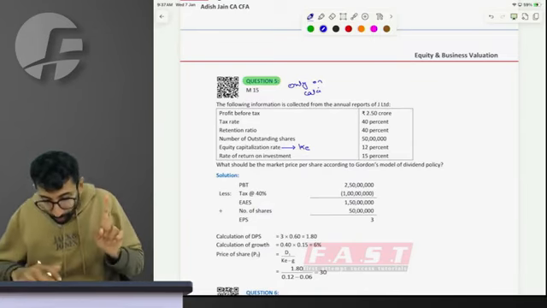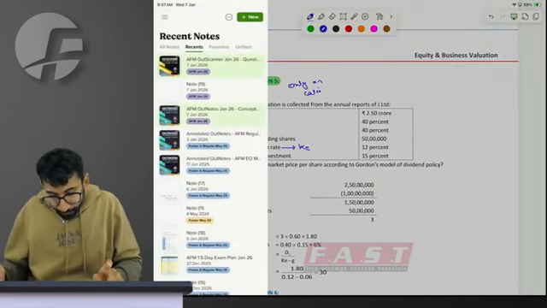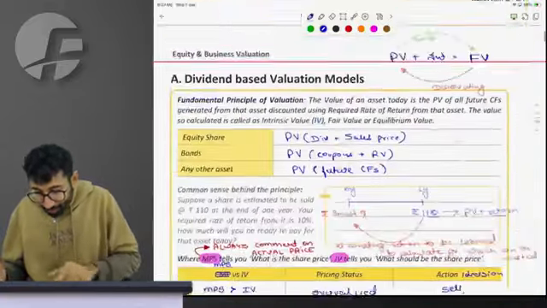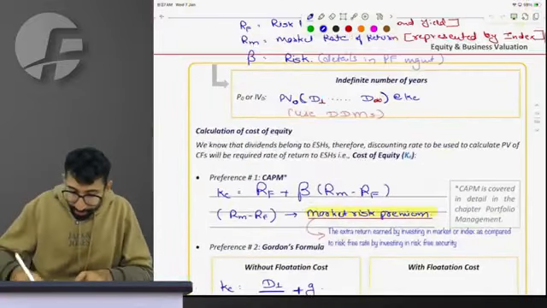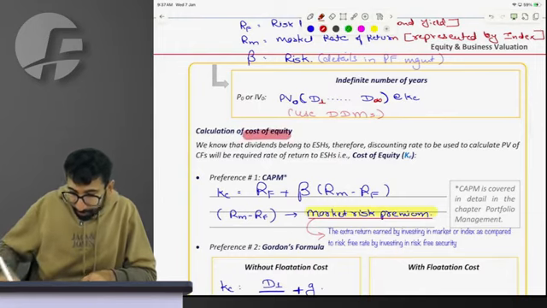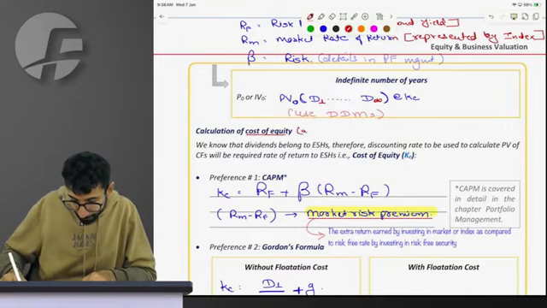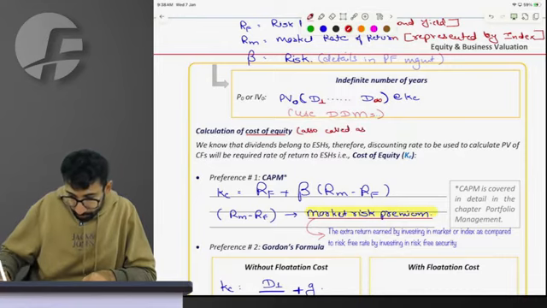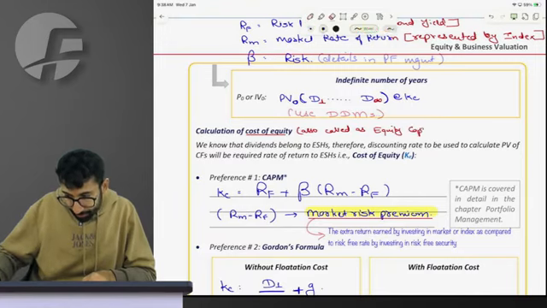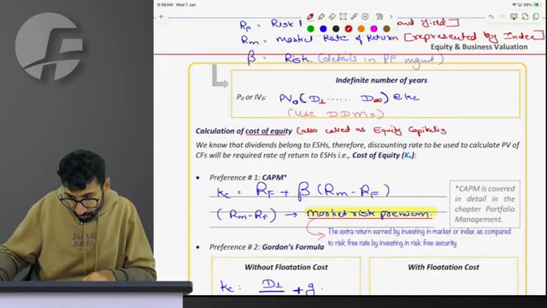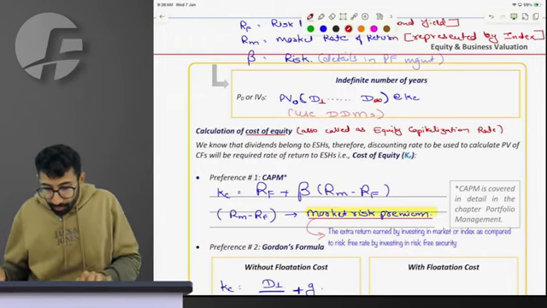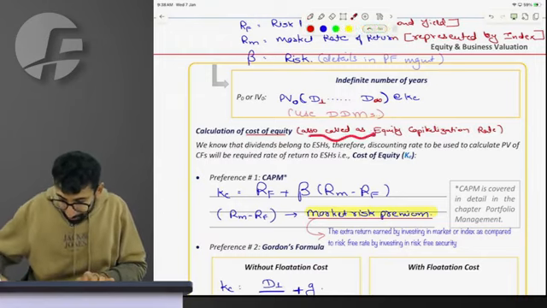So can we please go to the notes once and write down, because we want to be 100% clear, that K is also called equity capitalization rate.